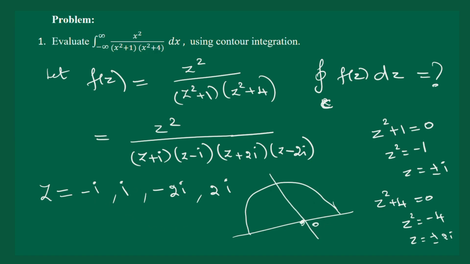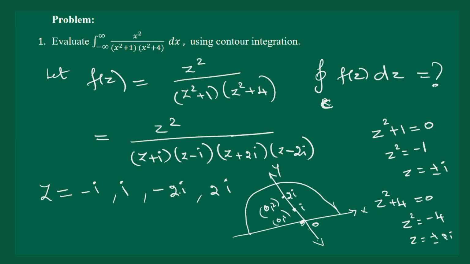Here all are imaginary parts, there is no real part, so obviously the points lie on the y-axis. Minus I and minus 2I will go below the x-axis. Only we have to consider plus I and plus 2I. So this will be I, and this will be 2I. This is the point 0, 2, and this is the point 0, 1.